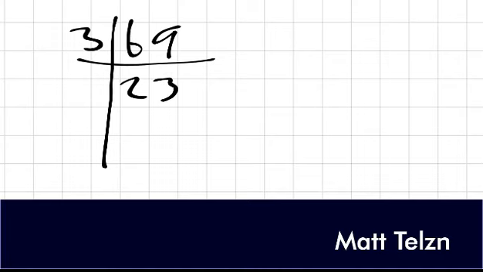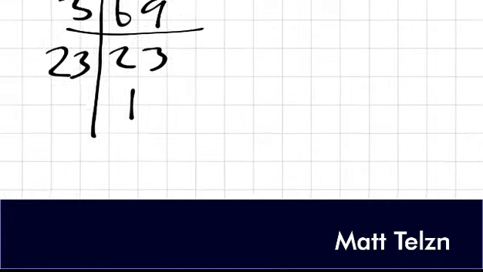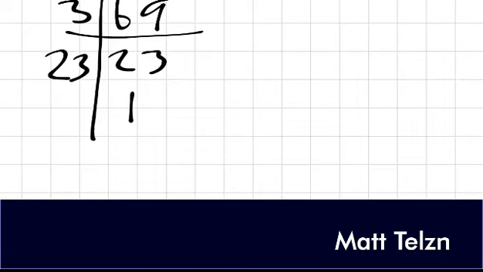So what's the next thing? There is no number that can go into 23 except 1 and itself. So we have 23 into 23, 1. So therefore, what are the factors of 69?